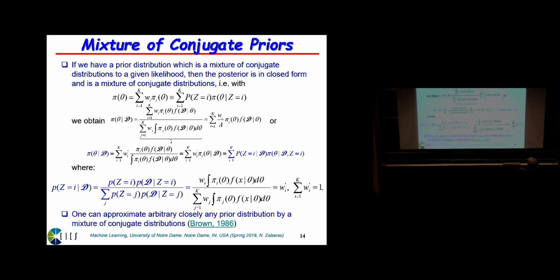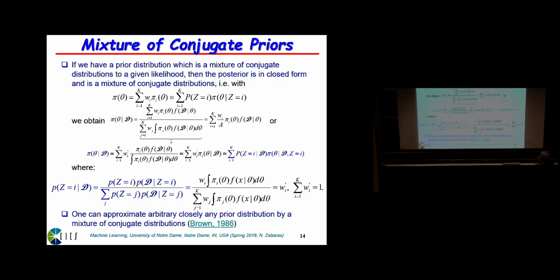I put a different index so I don't confuse you with the i and the j. So what you have here is a normalization factor for the numerator, and I call it A, just to get it out of the way. So the posterior looks like w_i over A times pi_i of theta times the likelihood.